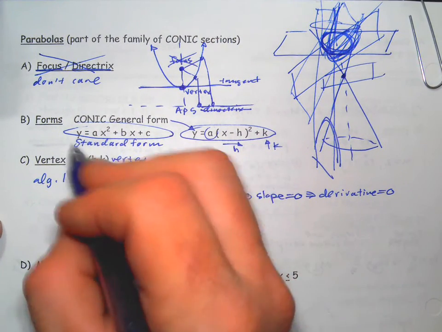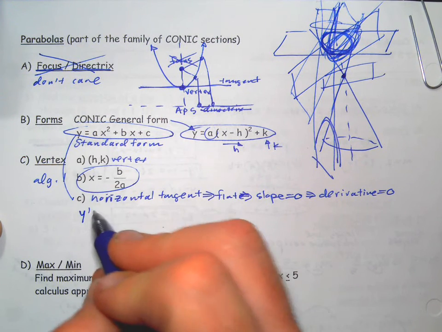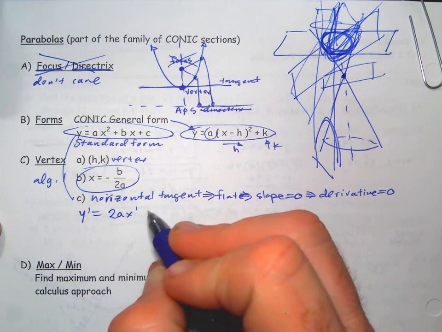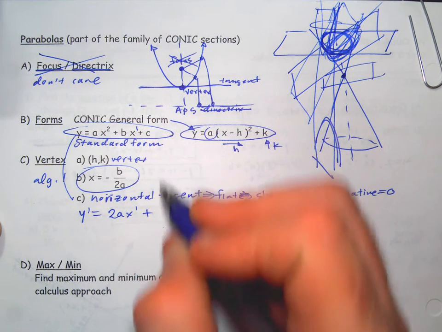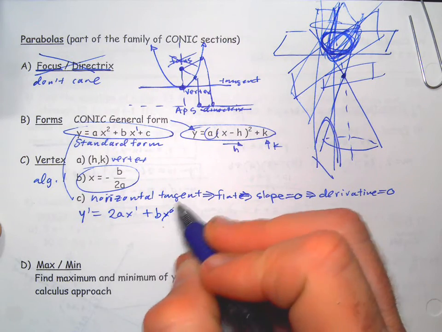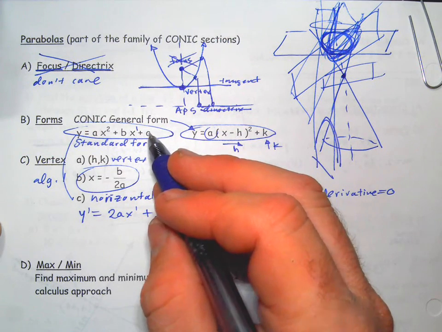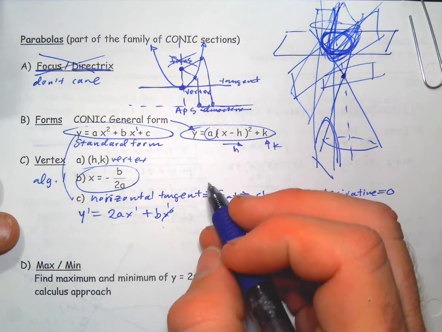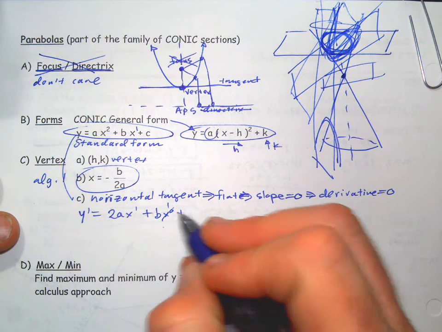So if you use this form right here, y prime is, by the power rule, 2ax to the first, plus, now it's x to the first, so you multiply the b in front and get x to the 0, which is 1. And c is just a number. Derivatives measure change, so something that's not changing has a derivative of 0.